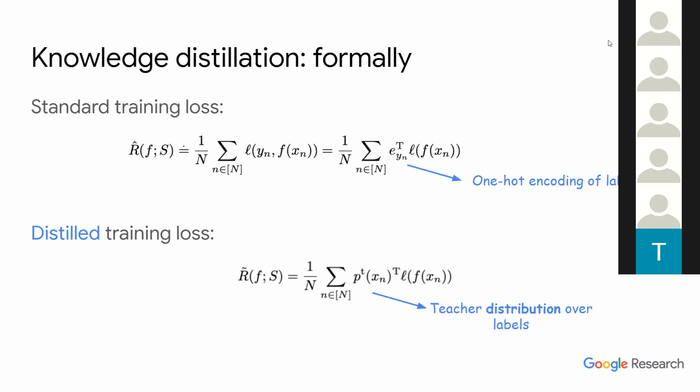The distillation training loss you can see as a slight variant of this empirical loss. R tilde is the risk for the distillation loss. It uses the same loss term, but instead of the one-hot vector, this part is coming from the teacher.